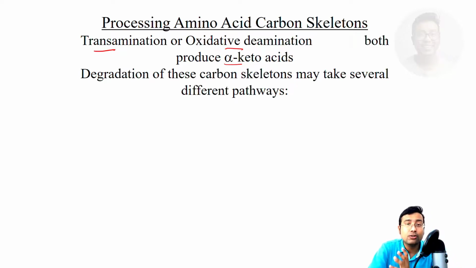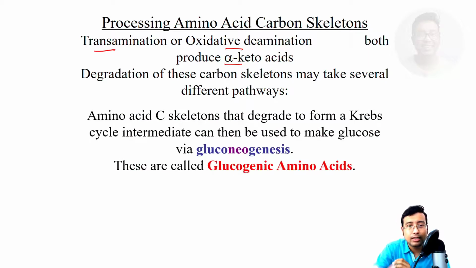We told you nitrogen and carbon make up amino acid. So carbon skeleton can be removed in different ways. The amino acid carbon skeletons that degrade to form Krebs cycle intermediate. What is the Krebs cycle intermediate? Fumarate, right? They can be used to make glucose via gluconeogenesis. Those are basically glucogenic amino acids, right? Alanine, aspartate.